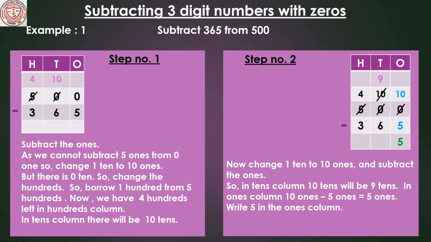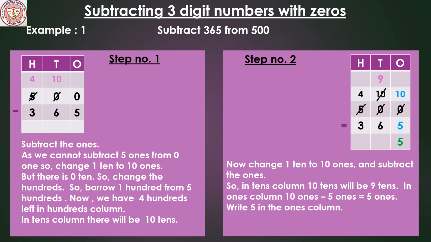So, in the ones column, now there are 10 ones and 5 ones. And we can subtract 5 ones from 10 ones. So, 10 ones minus 5 ones is equal to 5 ones. Now, write 5 in the ones column.